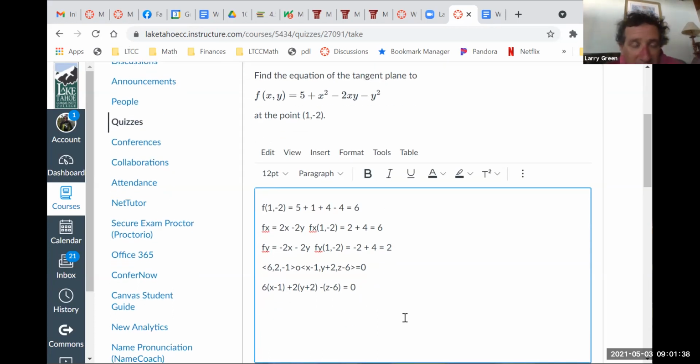If you want, you could simplify this as 6x plus 2y minus z is equal to, and we get minus 6 plus 4 is minus 2, plus 6 is 4. Bring it over, you get negative 4. Any questions at all on the equation of the tangent plane?